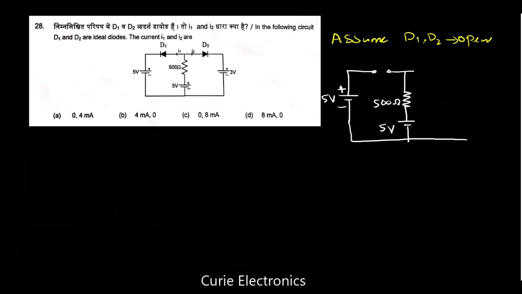And the next diode also I have assumed is open. By assuming open or closed, I am trying to find out whether the diodes are forward biased or reverse biased. Here it is plus minus 3 volt.